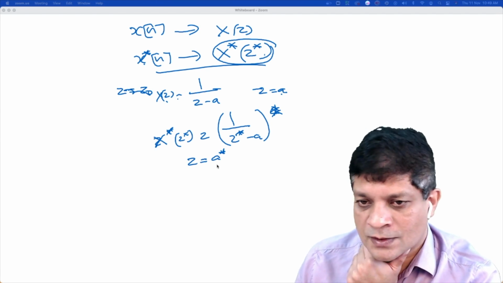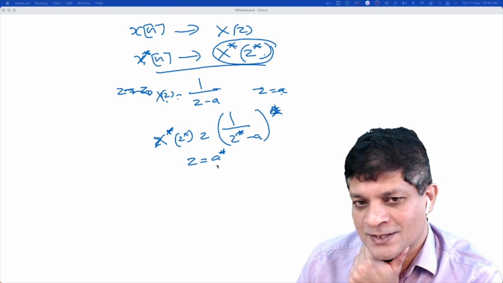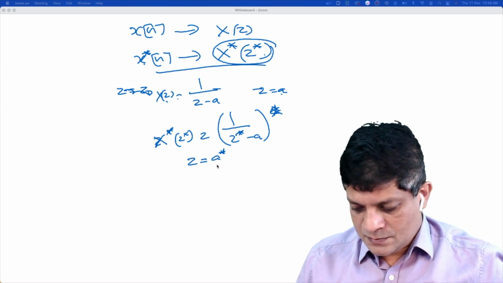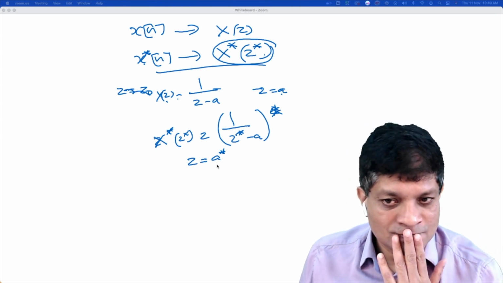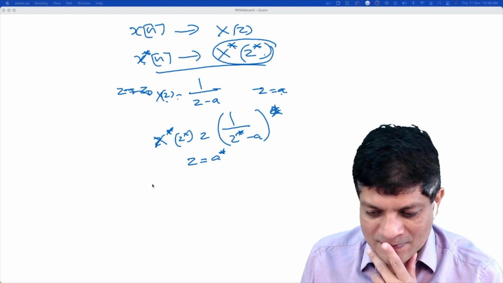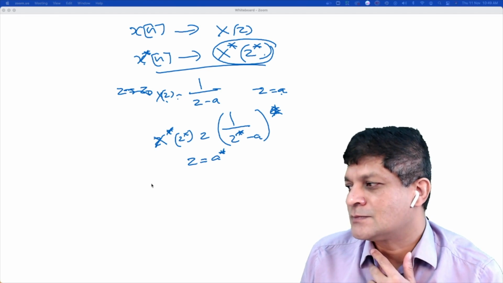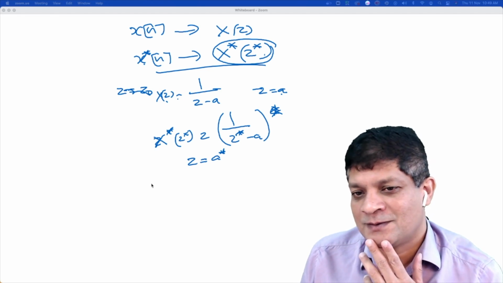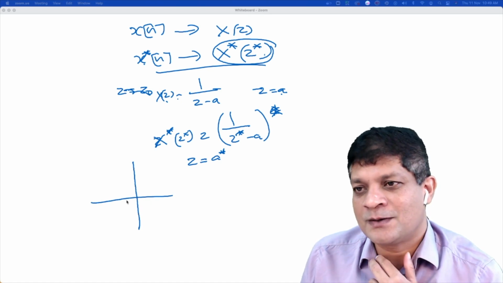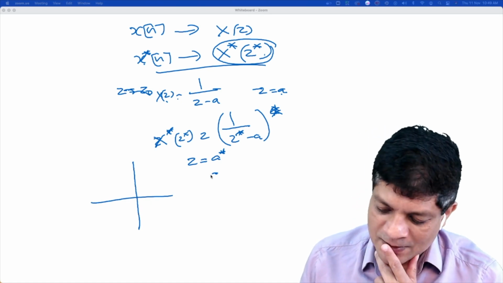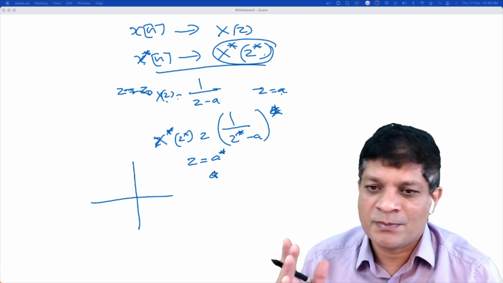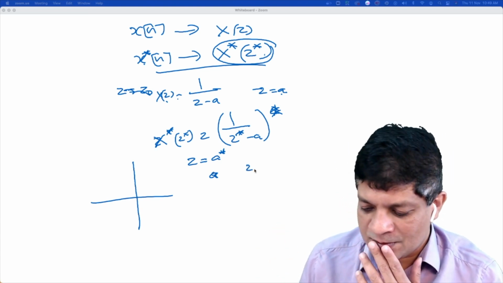So you can see the ROC. Will it change the ROC? No, sir. Why not? Because the magnitude of z remains the same. Remember the ROC depends only on the magnitude of z.